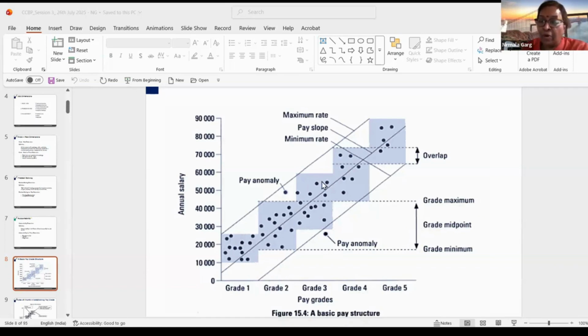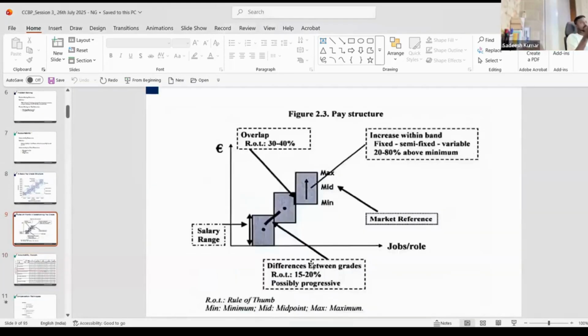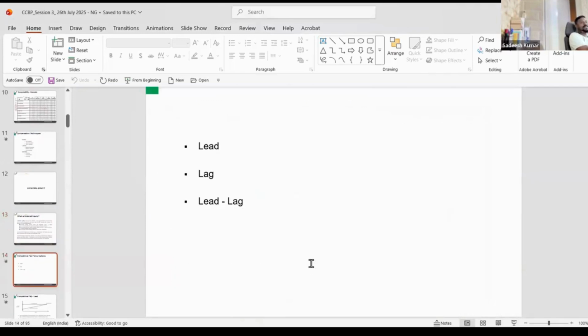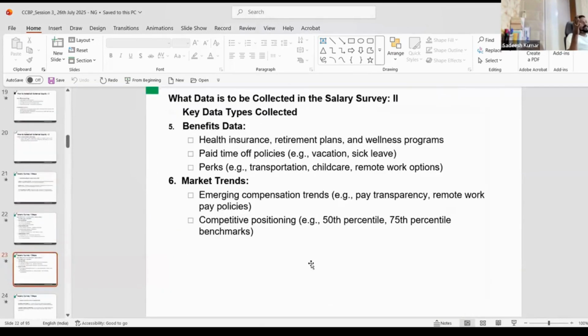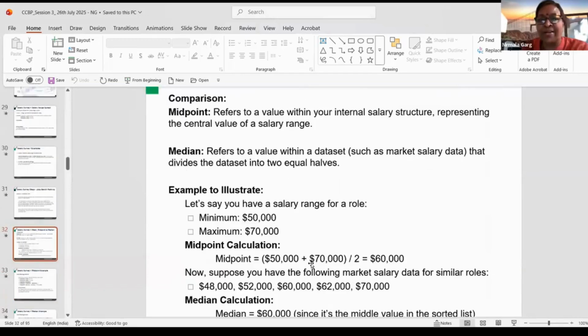Then you have also seen that there can be a grade overlap. The difference between min and max is called spread. What's the meaning of spread? It is from the minimum salary to the maximum salary. The difference is called the spread.